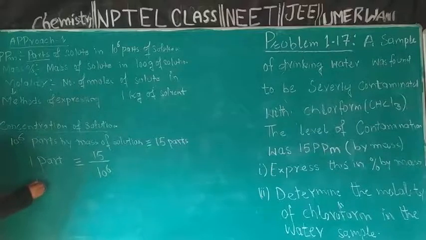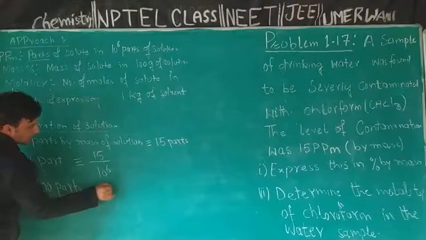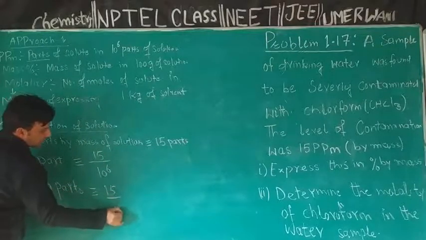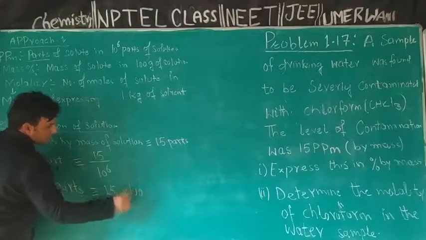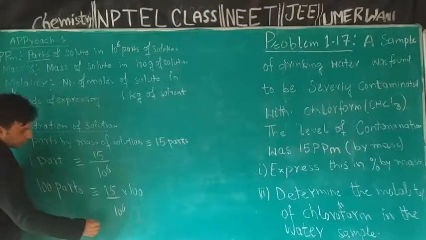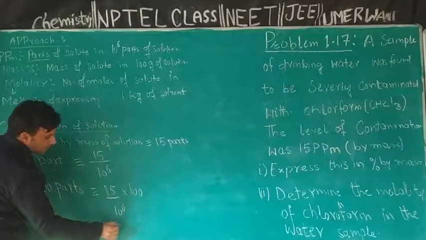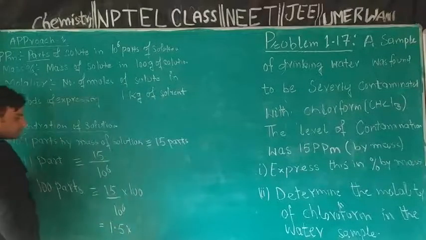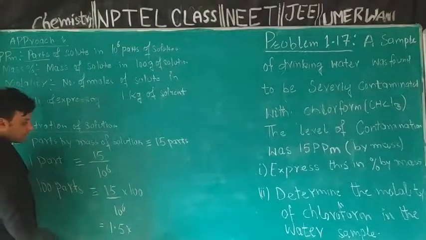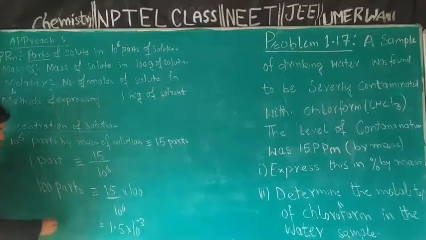Therefore, 100 parts will contain 15 divided by 10 raised to power 6 multiplied by 100, and it will come equal to 1.5 into 10 raised to power minus 3. This is the mass percentage.